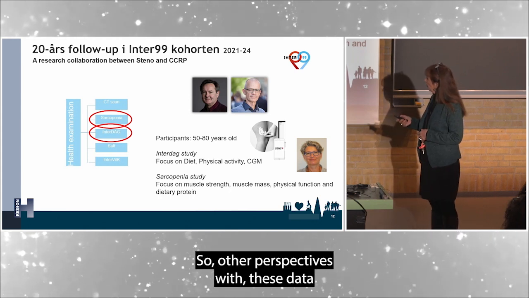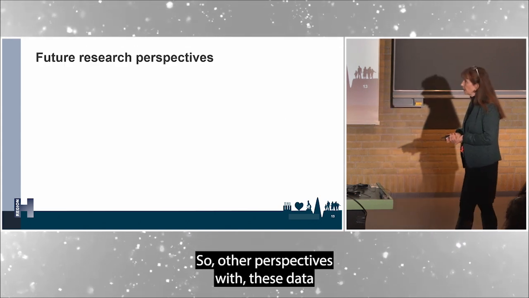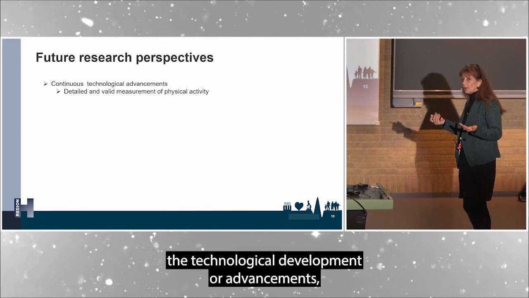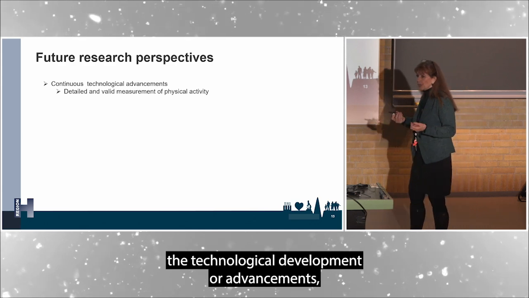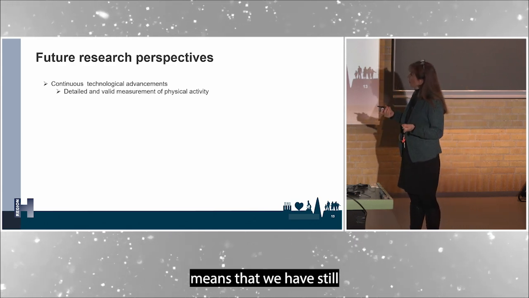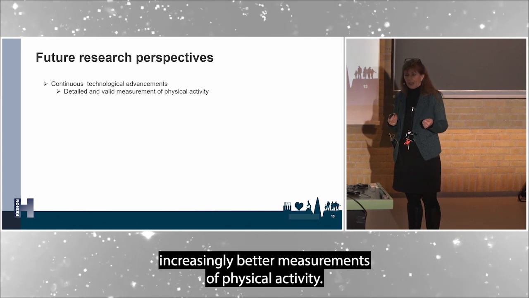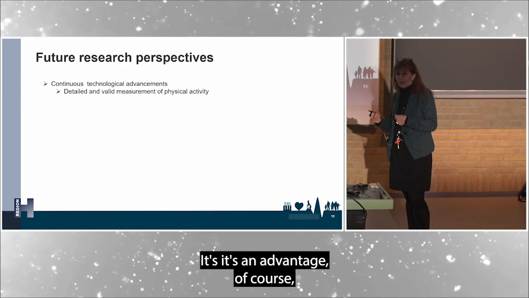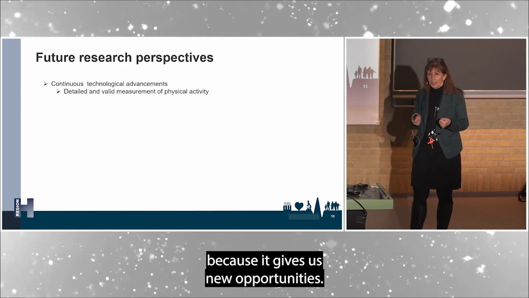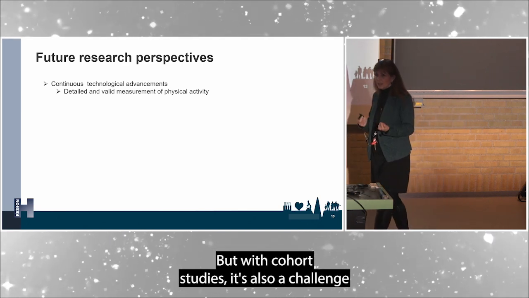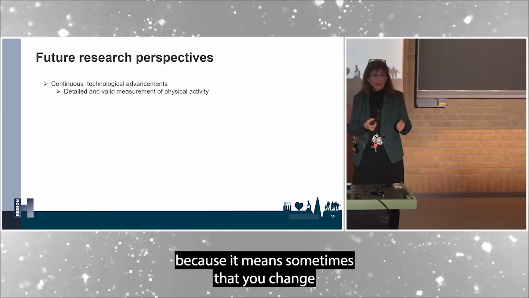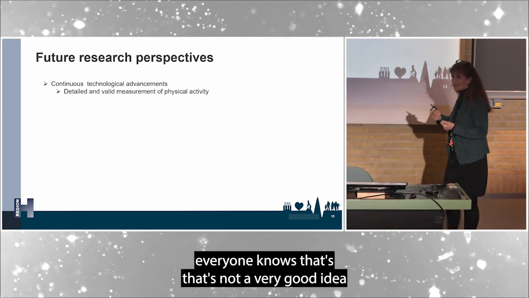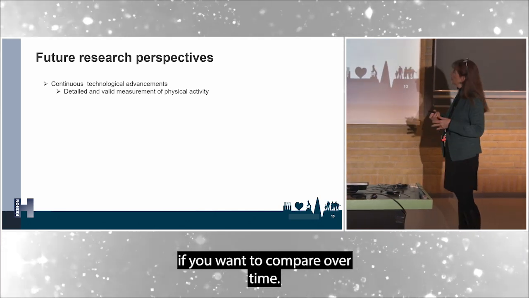So other perspectives with these data that we wish to look into: the technological development or advancements means that we have increasingly better measurements of physical activity. It's an advantage, of course, because it gives us new opportunities, but with cohort studies, it's also a challenge, because it means sometimes that you change your measurements over time, which everyone knows is not a very good idea if you want to compare over time.